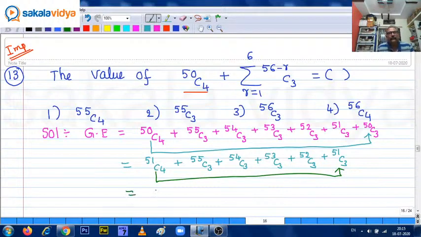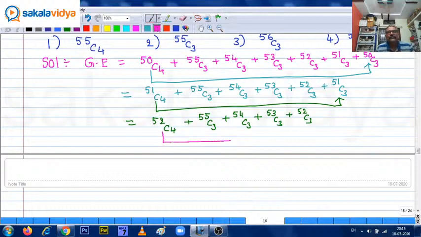This equals 52C4 plus 55C3 plus 54C3 plus 53C3 plus 52C3.